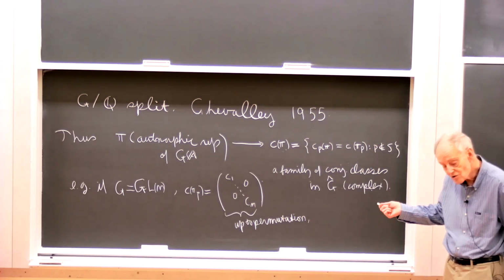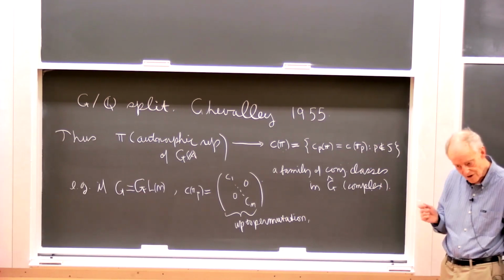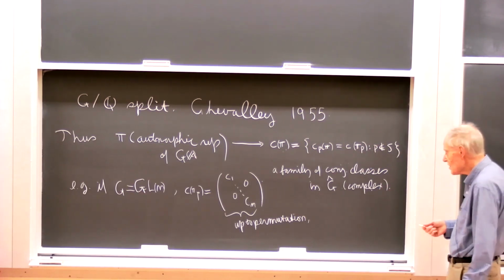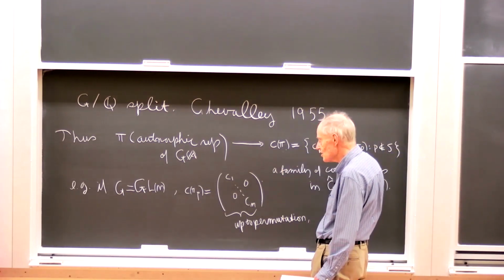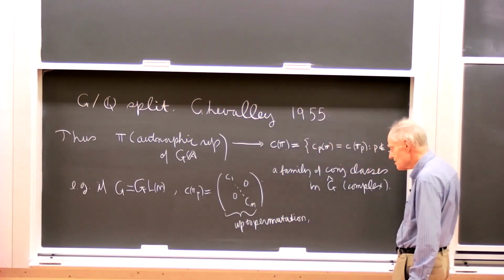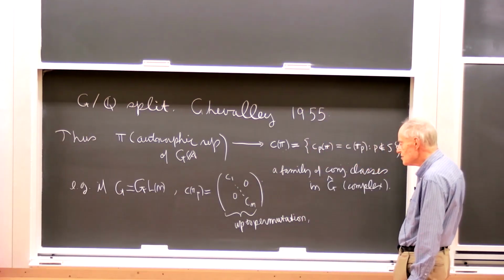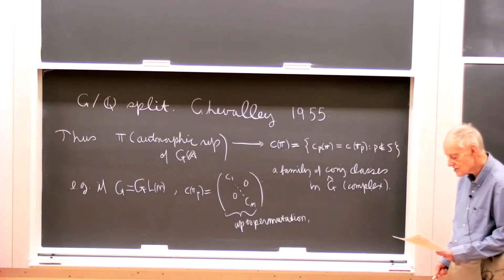They are also eigenvalues of a family of operators, the Hecke algebra, which act on L2 of G(A) over G(Q). So they arise in two different and equivalent ways. But the point really is that these are very concrete objects.